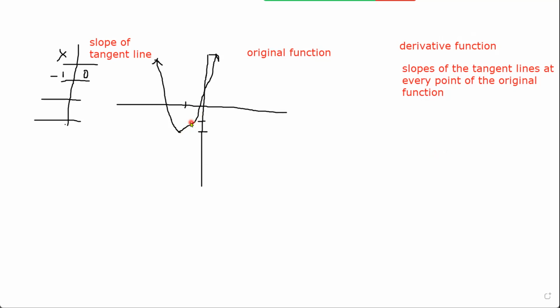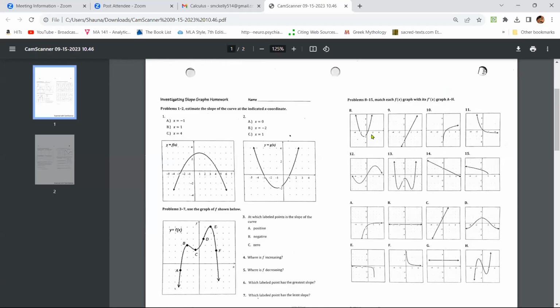So what you can go do, and this is where you want to look at your sheet, is find a couple of points where you can estimate what you think the slope is. Down here, it looks like it's positive. This slope is everywhere positive on this side, right? And this slope is everywhere negative over here, right?